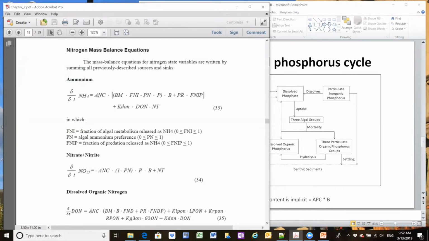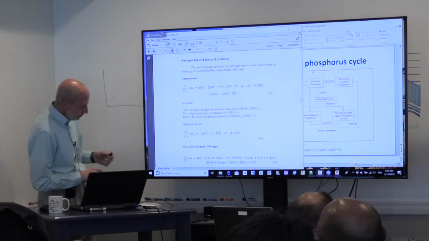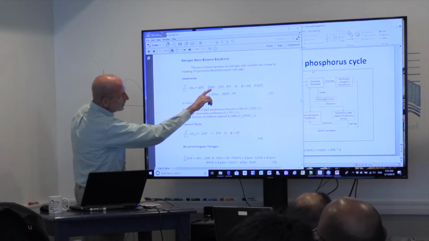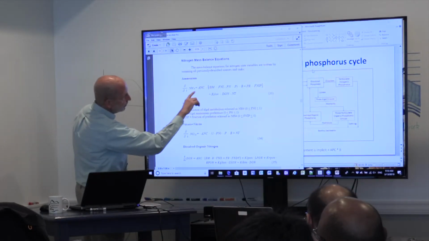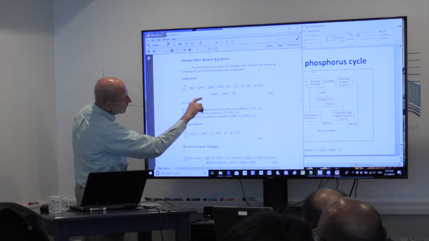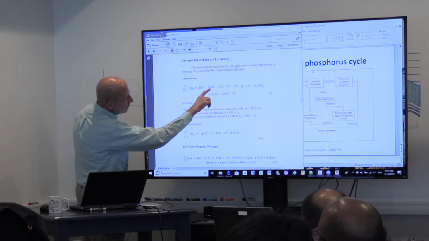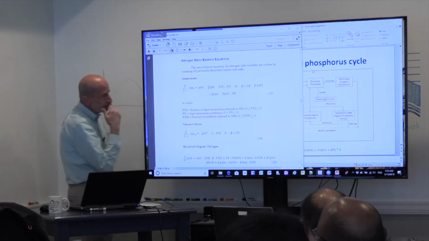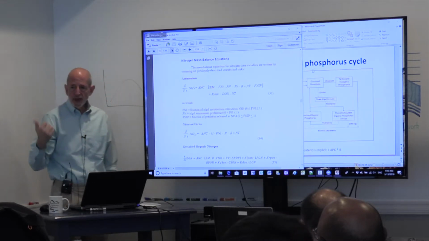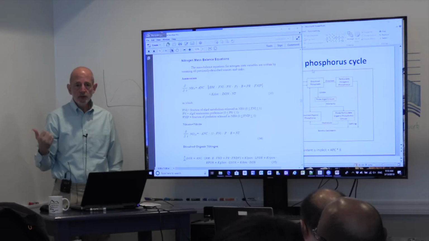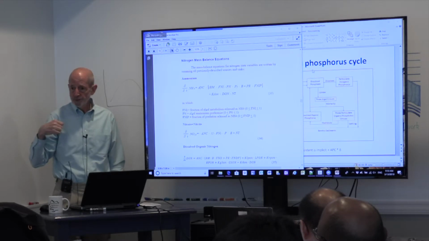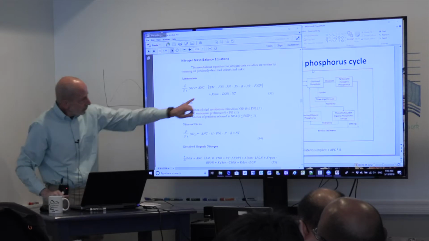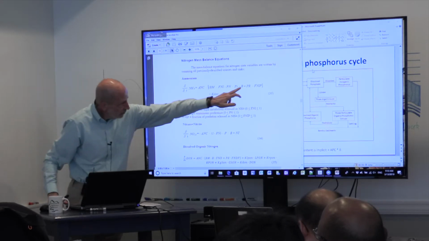So, for example, you'll see here, we'll try to go over some of these. Basal metabolism: the ammonium from basal metabolism times this thing, FNI. FNI is the fraction of metabolism that goes to inorganic nitrogen.